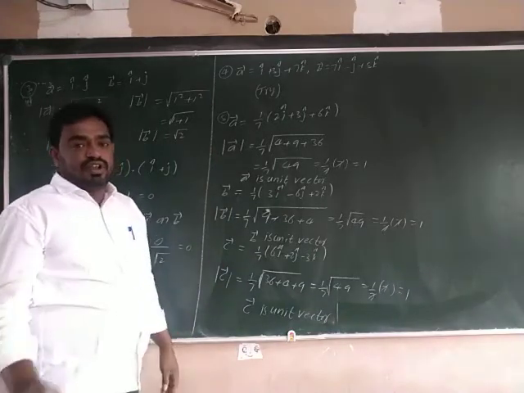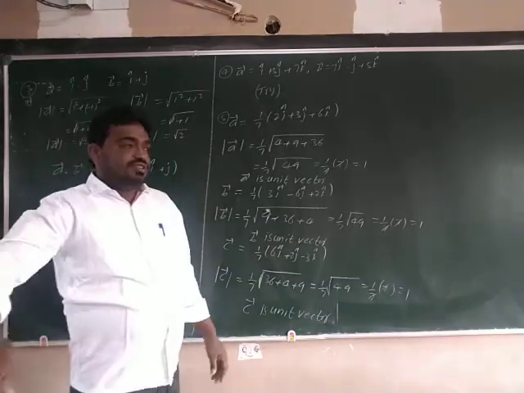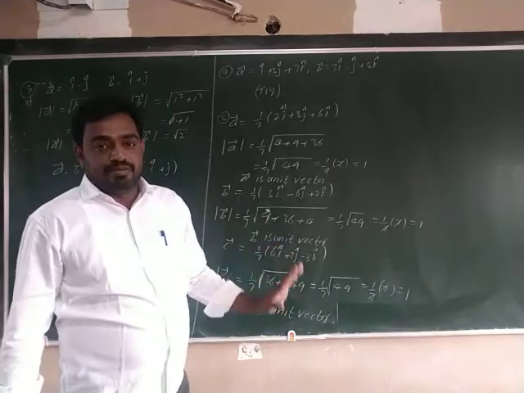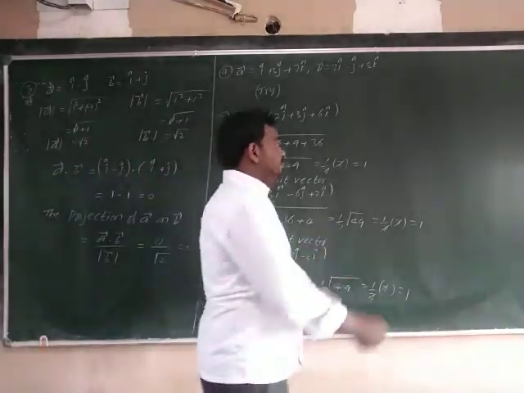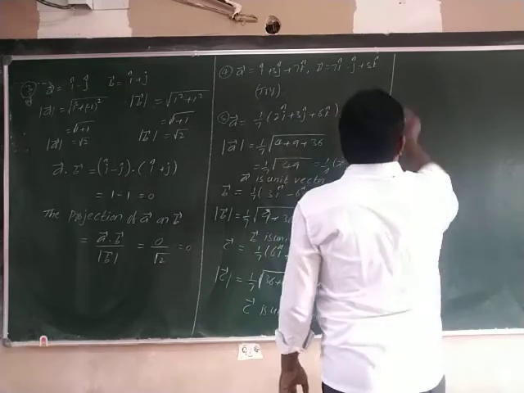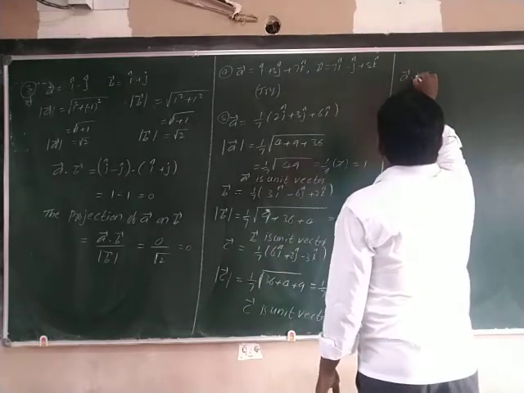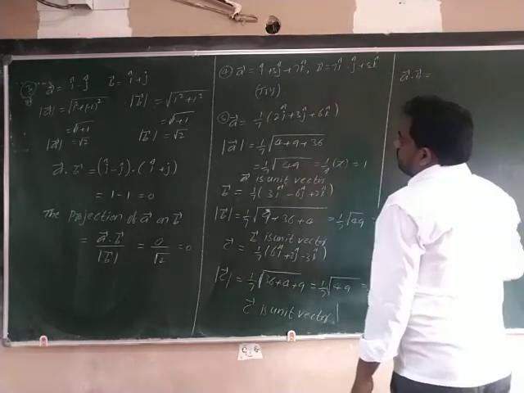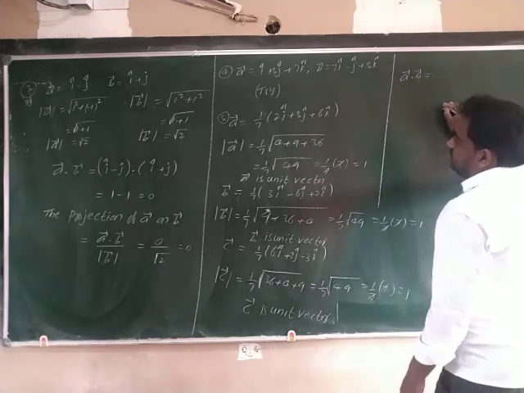Next we have one more question, to prove that these vectors are mutually perpendicular. First find vector A dot vector B. What is vector A?